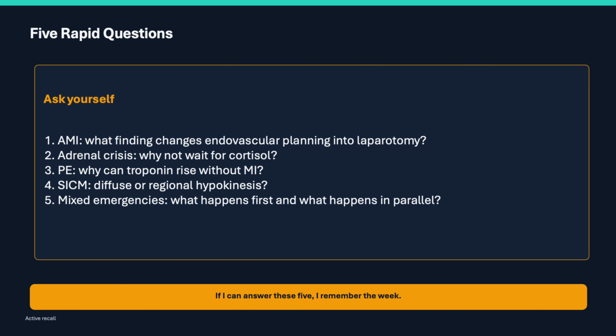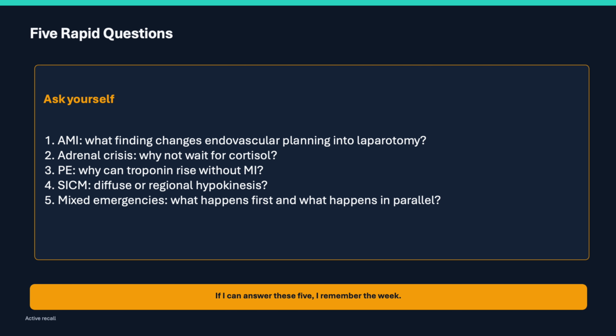Why should we not wait for a cortisol result before treating suspected adrenal crisis? Because adrenal crisis is immediately life-threatening and hydrocortisone treatment should begin before confirmatory results when severe symptoms or shock are present.